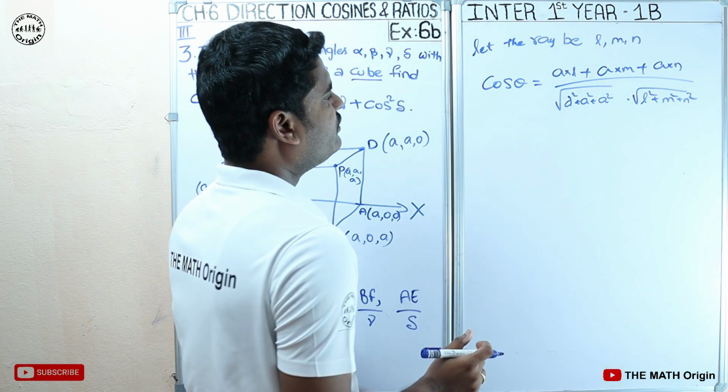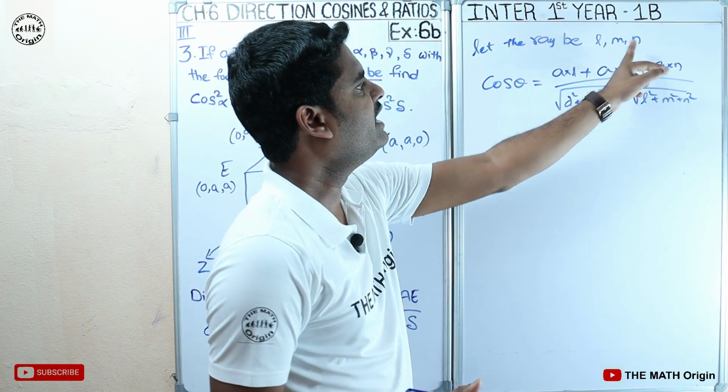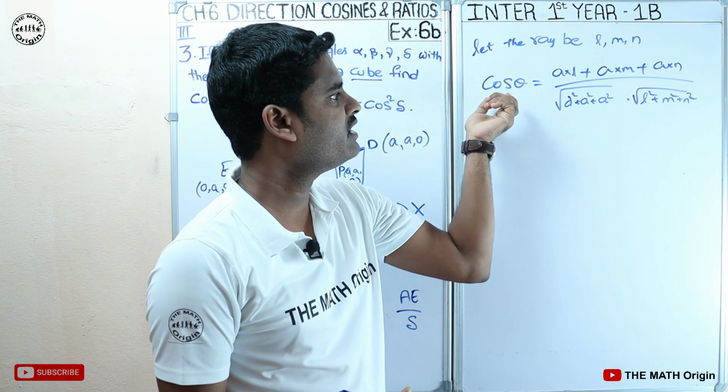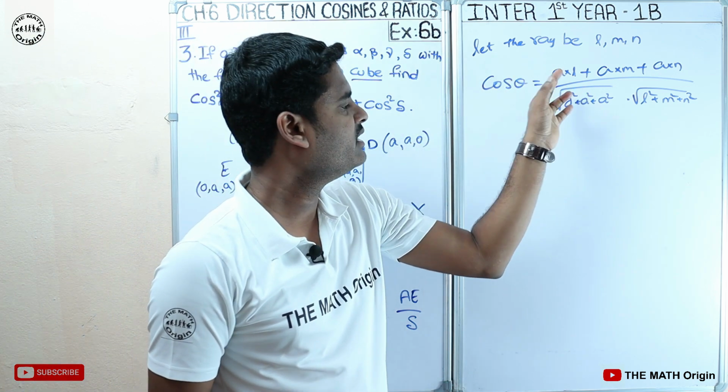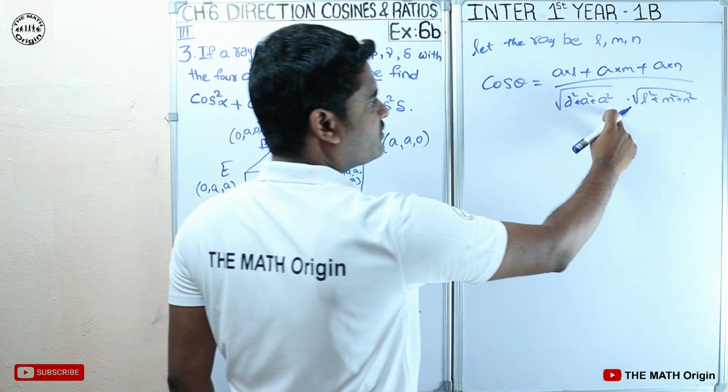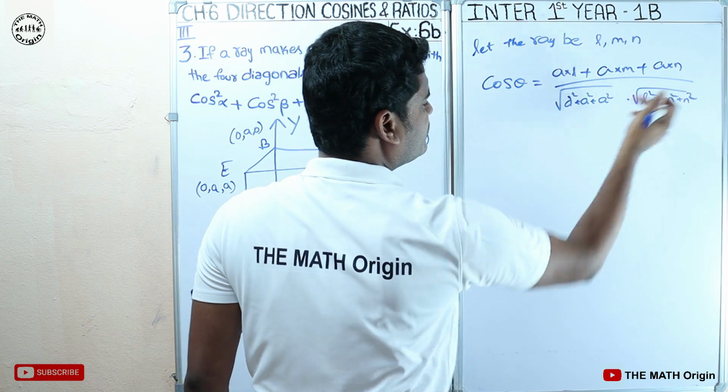Ray with l, m, n and point with a, a, a, so cos theta equals a1 a2 plus b1 b2 plus c1 c2 by root of a1 square plus b1 square plus c1 square, into root of a2 square plus b2 square plus c2 square.